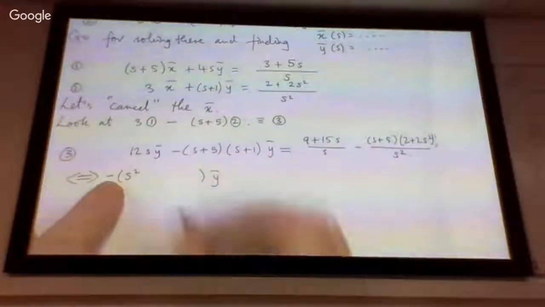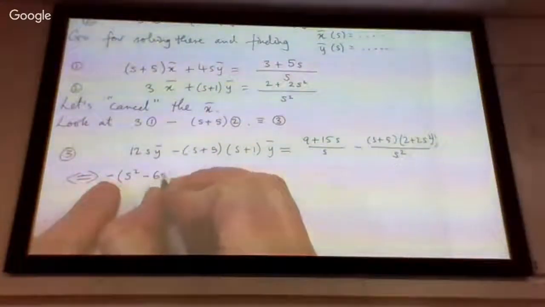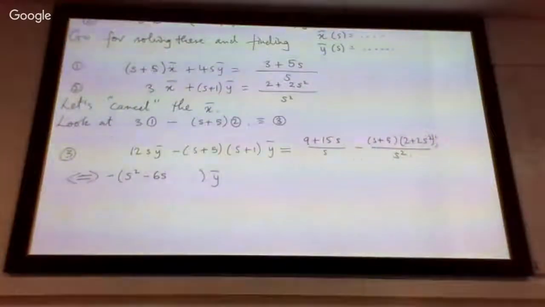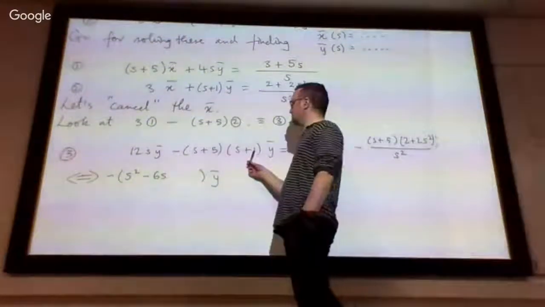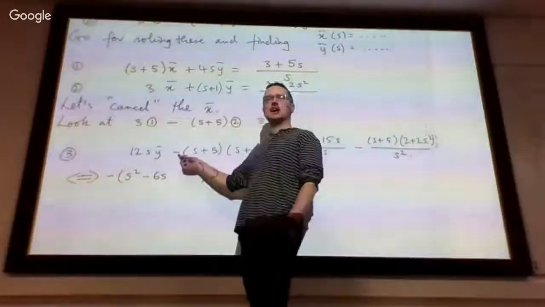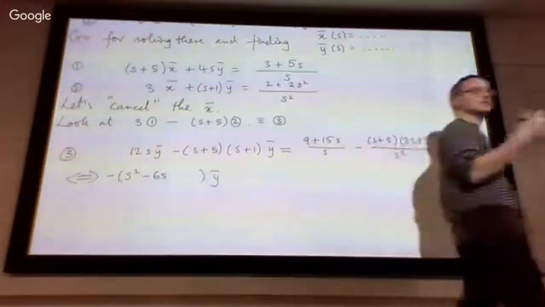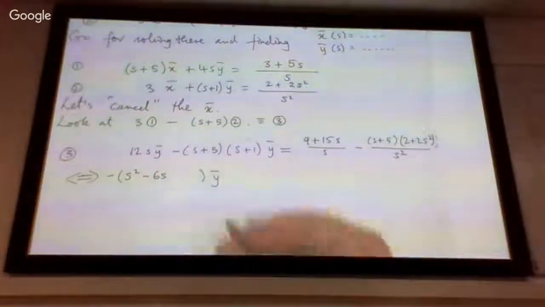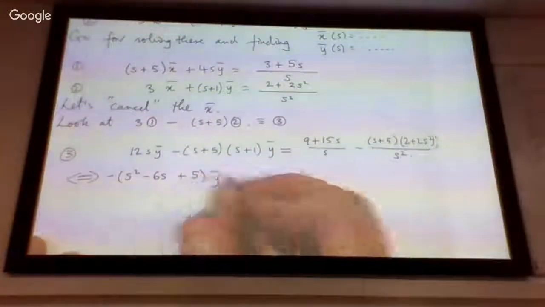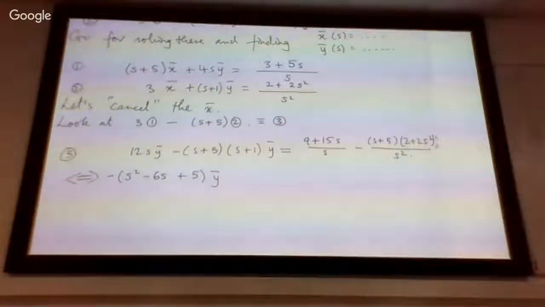But if I'm putting a minus sign out there, I've got to make it minus 6s inside. And the constant term comes from 5 times 1, which is 5. It's got a minus sign, so it's a constant term of minus 5. I've already got a minus sign on the outside, so it's a plus 5 on the inside. Agreed?